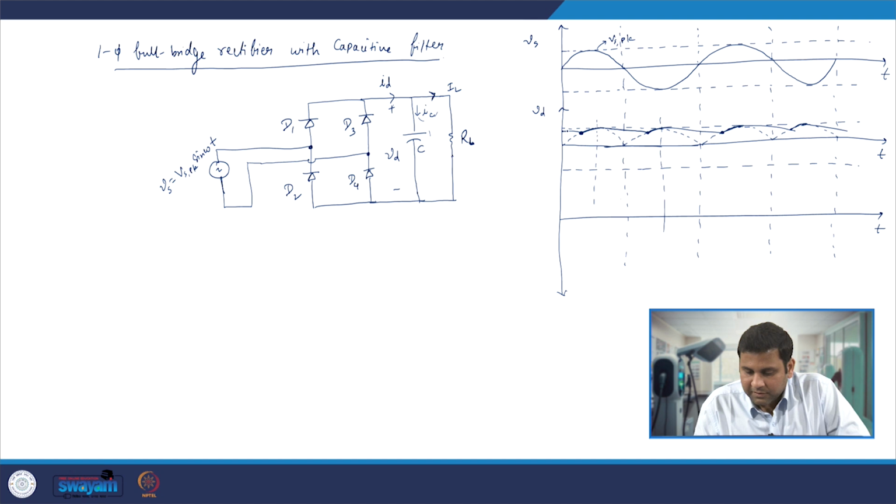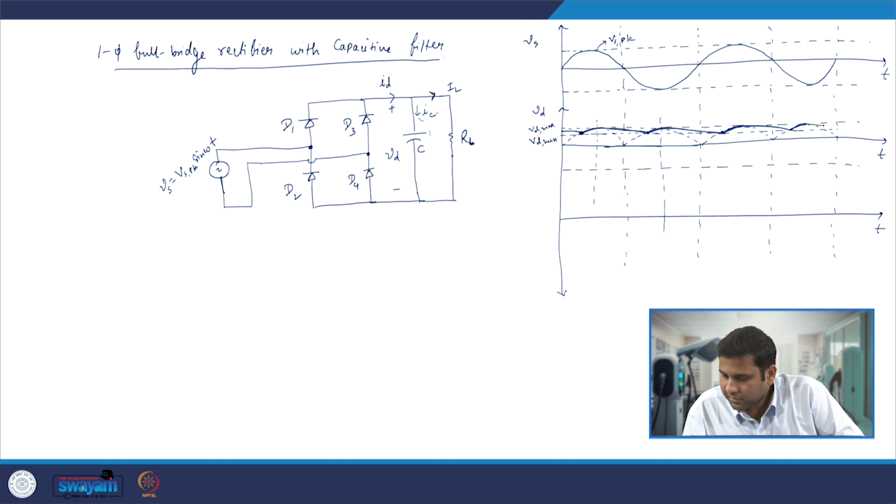So the capacitor voltage will have a certain ripple, however this ripple is much smaller than what we have when we do not have the capacitive filter, and the capacitor voltage will vary between this Vd max and this point, which is Vd min.